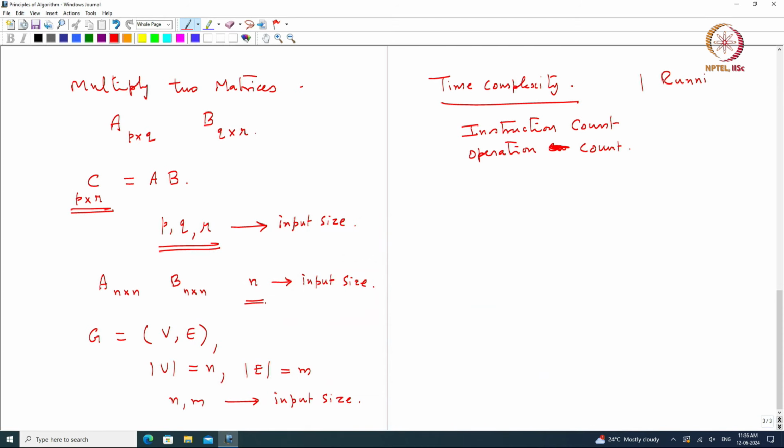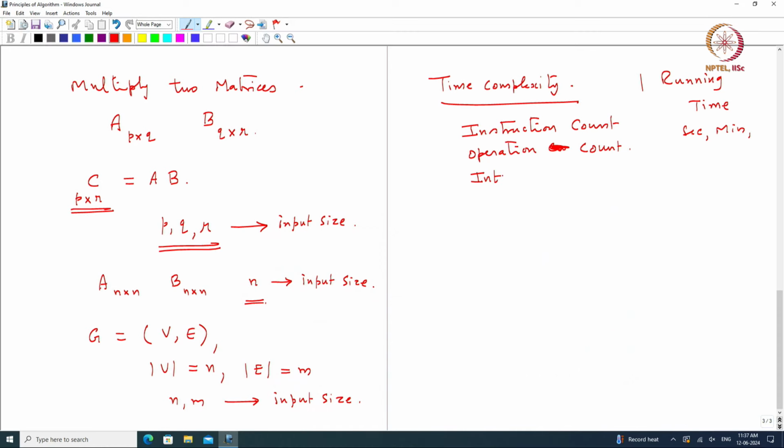So let us understand the difference between time complexity and running time. Running time is measured in seconds, minutes, hours and so on, whereas the time complexity is an integer. It stands for an instruction count.